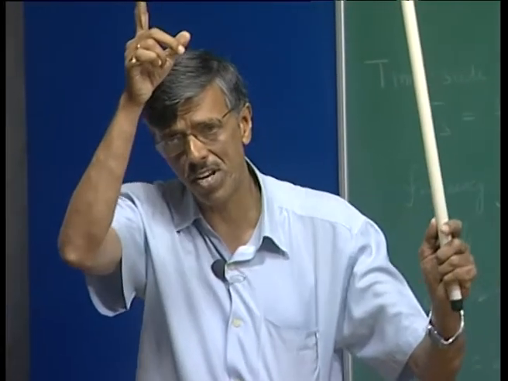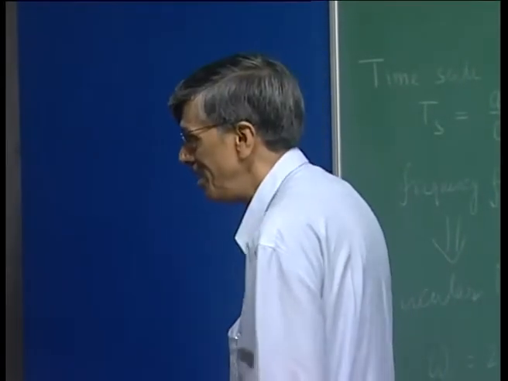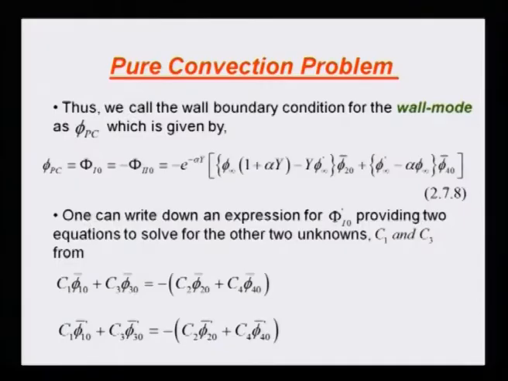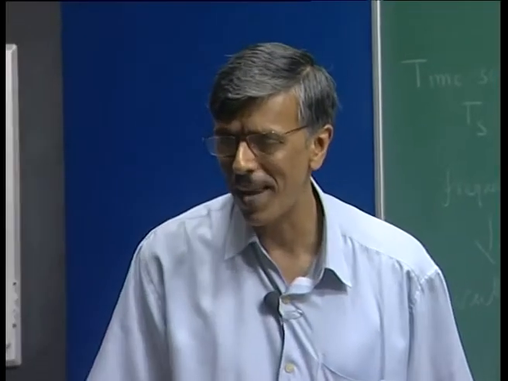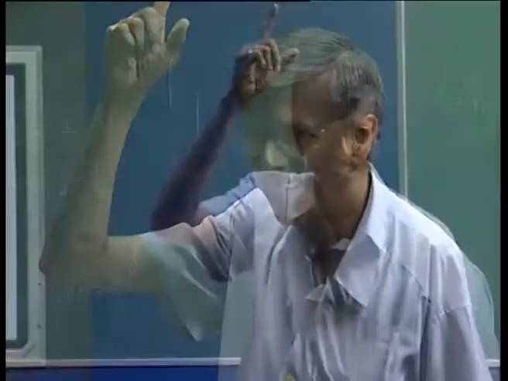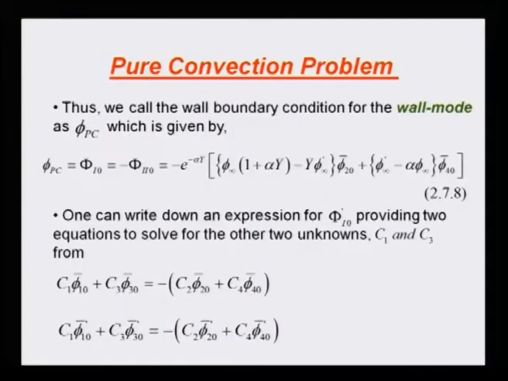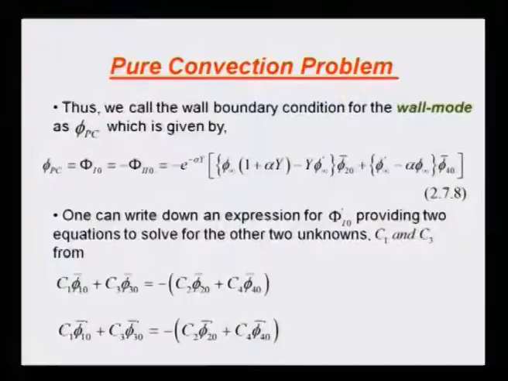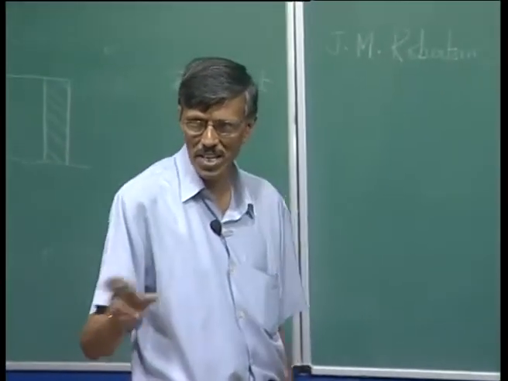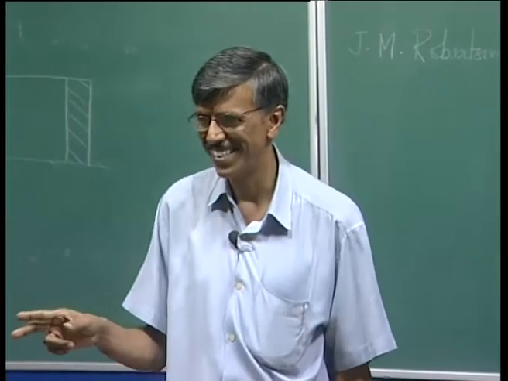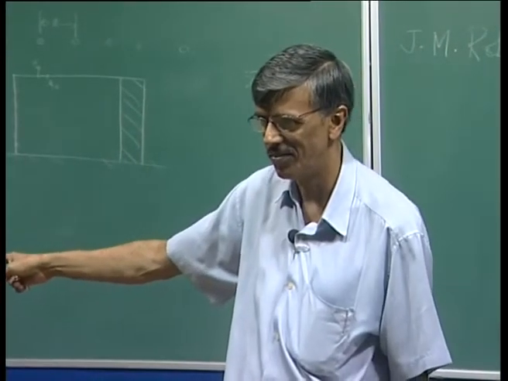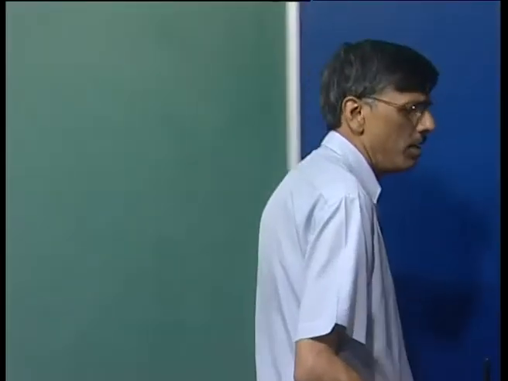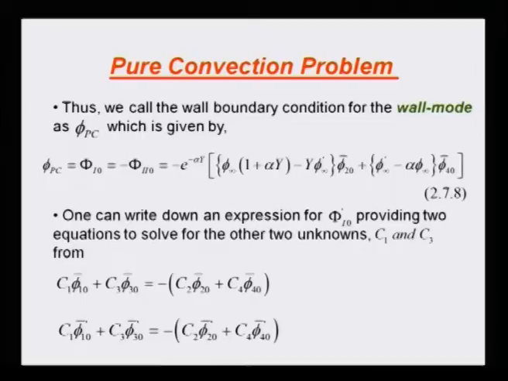Whatever I did in the free stream, that in turn gives you these non-zero C1 and C3 from this equation. This is what we are calling the coupling: I am creating a free stream mode, but that is fixing the coefficients for the wall mode, C1 and C3. So you see, you have not created any wall excitation, but it is happening indirectly, right? Because of the free stream condition, we are going to get non-trivial values of C1 and C3.